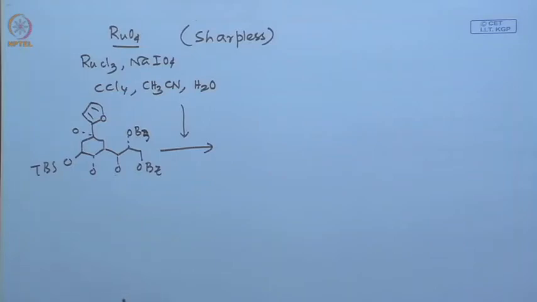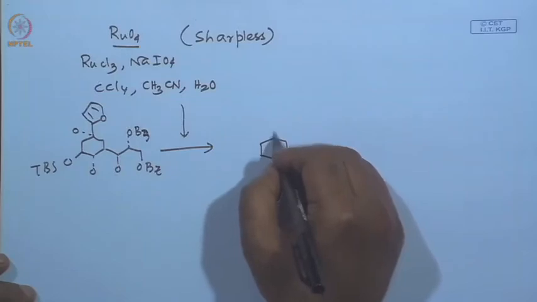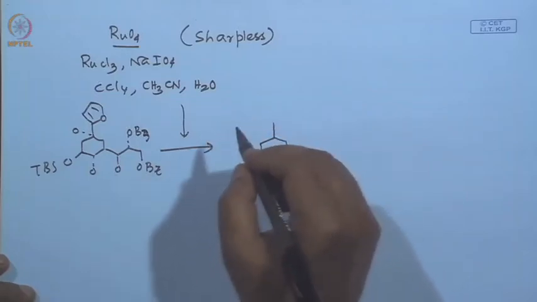So, what do you expect? I taught this reagent last year, because it is a very useful and very unique oxidizing agent. Many times it does a lot of important things. Any idea, any answer from the class? No. Okay.